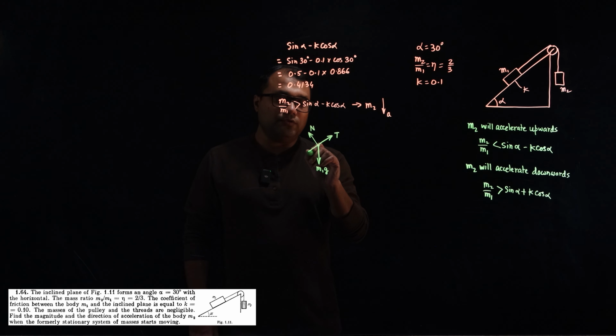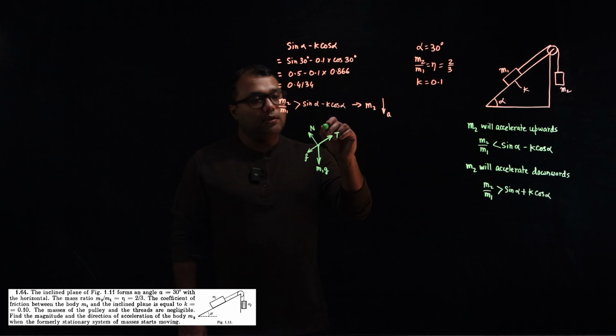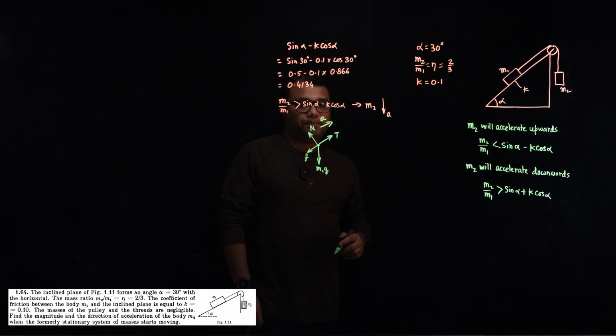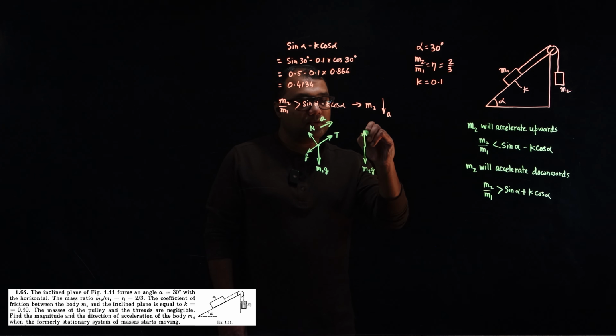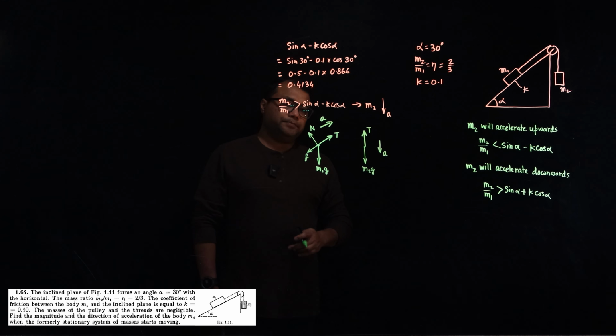So, friction force will be opposing the direction of motion, and this is accelerating with acceleration a that way. For m2, it will be simple: m2g, tension force, and it is accelerating downward with acceleration a.